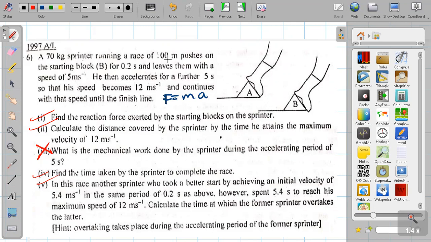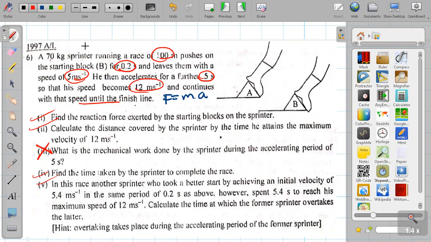A 100 meter sprinter pushes on the starting block for 0.2 seconds and leaves it with a speed of 5 m/s. Then he accelerates for a further 5 seconds so that it becomes 12 m/s, and continues at constant speed. How do we find the force?